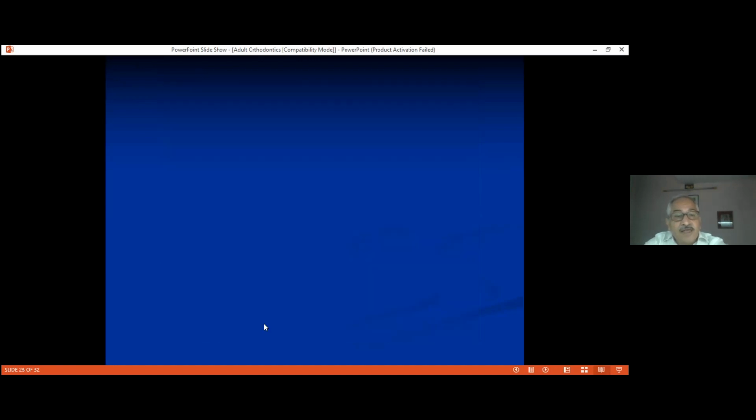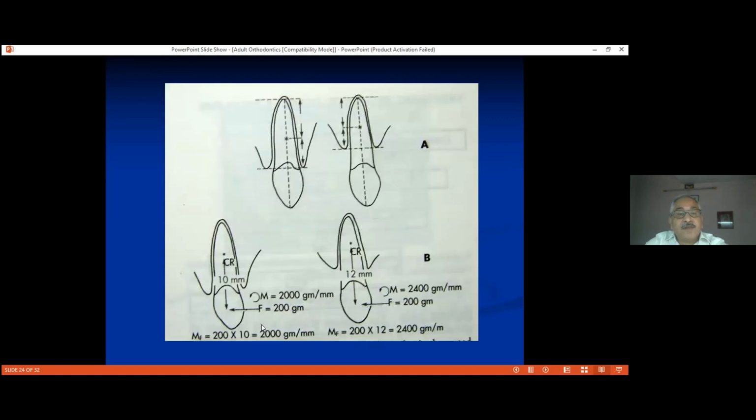So if we are applying a force of about 200 grams, multiplied by the distance from the center of resistance, the net force will be 2000 gram-millimeters.